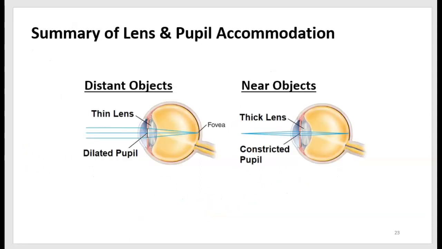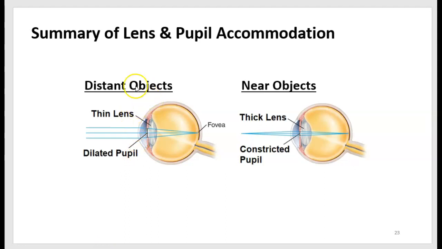So in summary, we looked at learning objectives 2 and 3: how the lens performs accommodation, and how the ciliary muscle or iris and pupil perform accommodation.